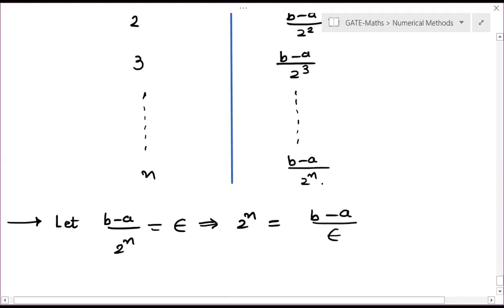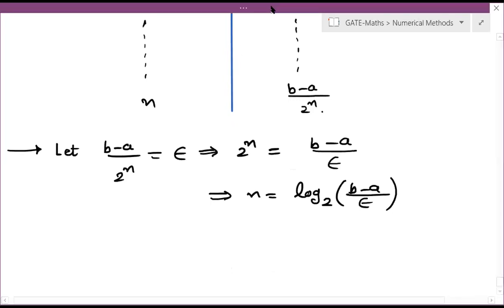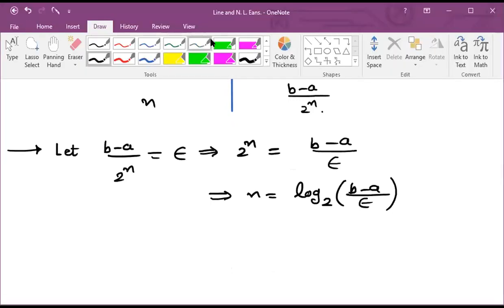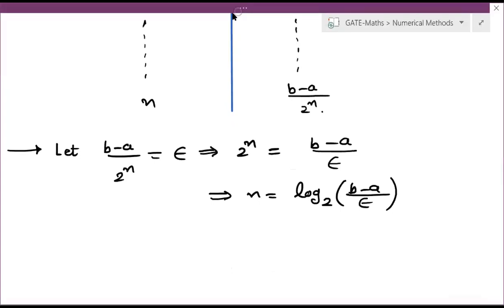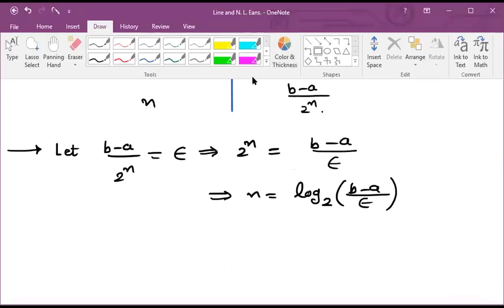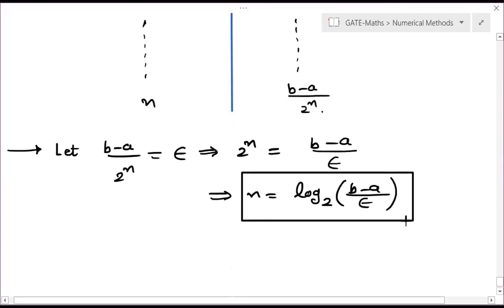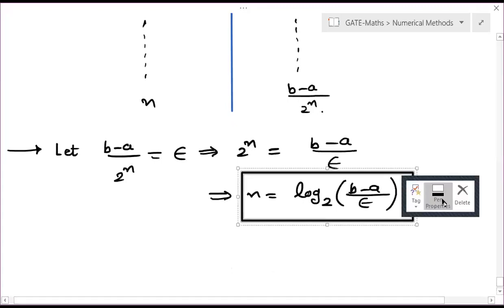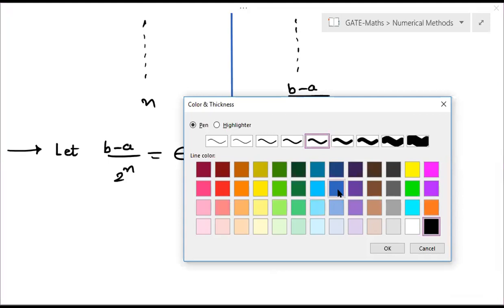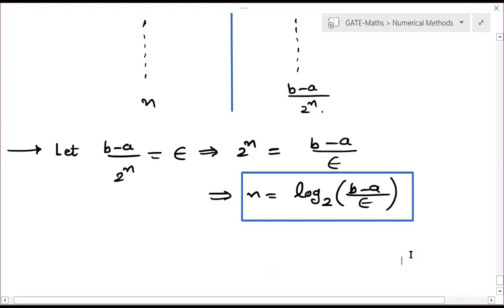So your n will be log base 2 of B minus A divided by epsilon. This is your formula between number of iterations and length of the interval. Based on this you can expect a question, but very little. But yes, it may come. So do remember this formula.